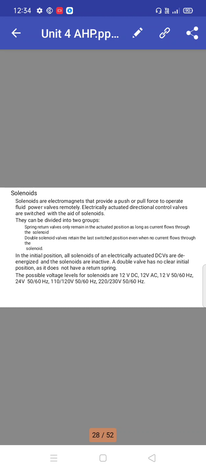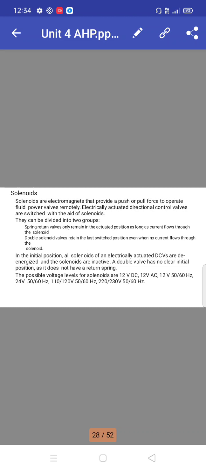Solenoids. Solenoids are electromagnets that provide a push or pull force to operate fluid power valves remotely. Electrically actuated directional control valves are switched with the aid of solenoids. They can be divided into two groups.